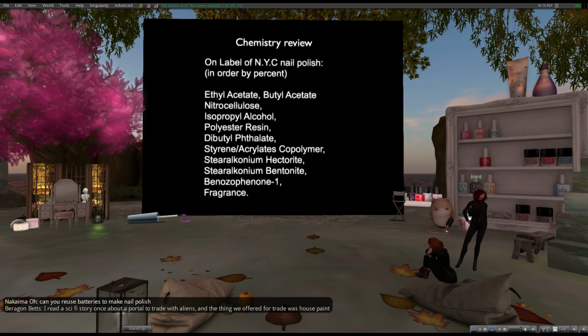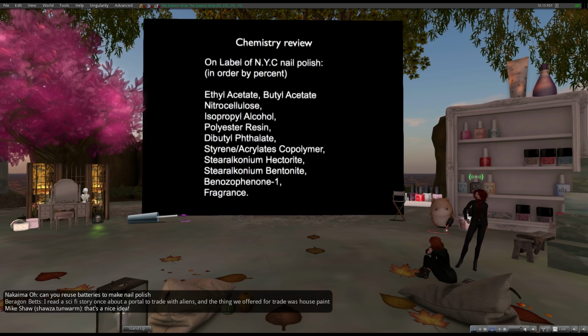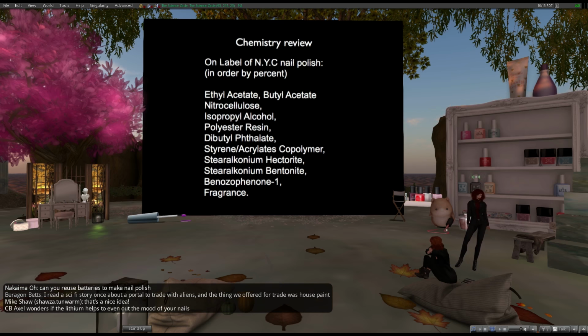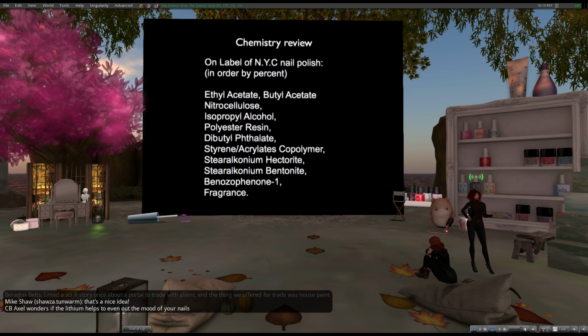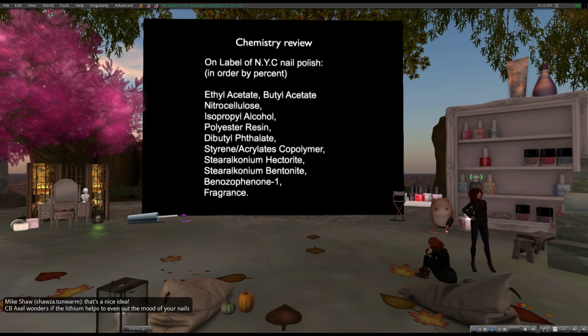So here's a modern nail polish, and we'll review all the ingredients. The ethyl acetate and butyl acetate, the solvents, nitrocellulose, the polymer, isopropyl alcohol, another optional solvent, polyester resin, a resin to adhere it and coat the particles. Dibutyl phthalate probably wouldn't be found in the most modern nail polishes.